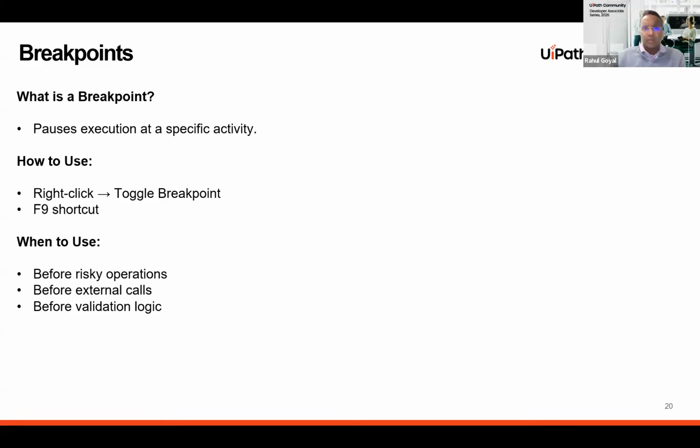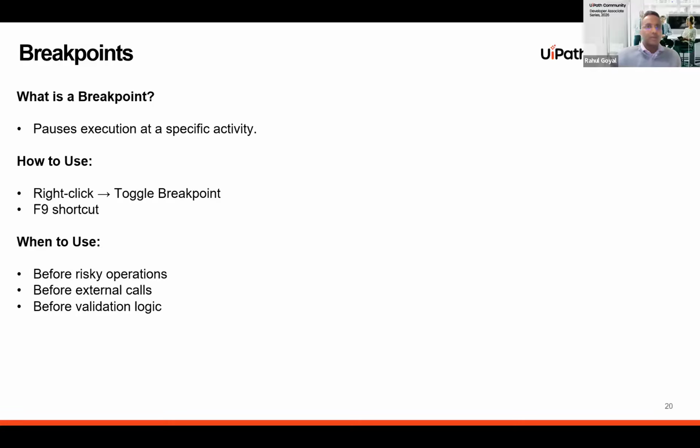There are multiple ways you can enable it. You can right-click and then say toggle breakpoint. There's an F9 shortcut, I think. But it depends at what stage you want to put a breakpoint. Before I do my external call, I want to put a breakpoint just to confirm that before I hand over the next stage of the automation to the external system, do I have enough valid data to pass on to it?